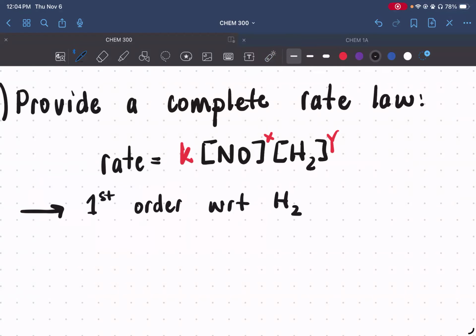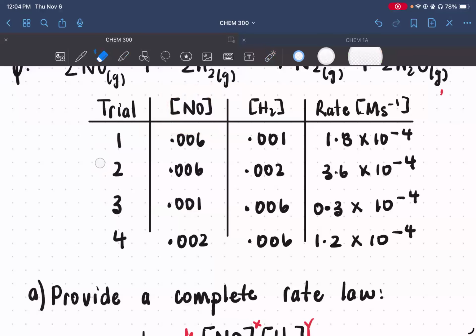Let's do one where we actually wrote it out. Let's now try for the NO. We're going to look for 2 trials where NO changes, but not the H2. Hopefully the ones that jump out to you are trial 3 and trial 4.